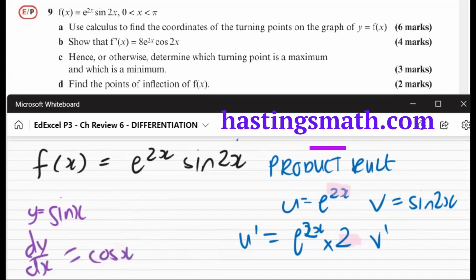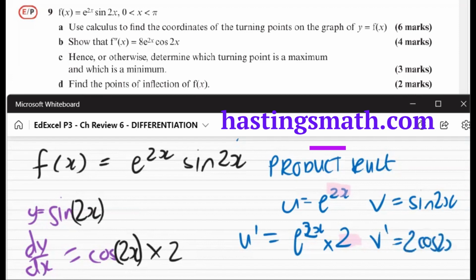But since we have a function inside a function, we have y as 2x. So our dy dx will be cos 2x, but we mustn't forget we times it by the first derivative of the function inside, which will just be 2. So our v dash would be 2 cos 2x.